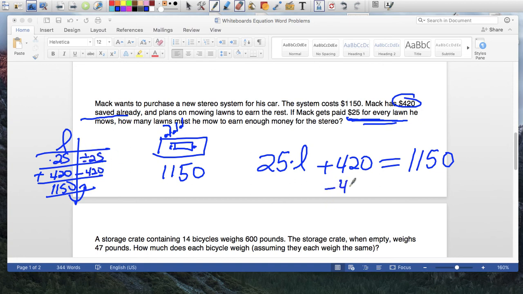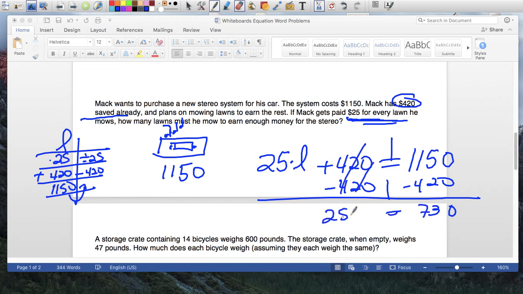So minus 420, minus 420, 0, and 1,150 minus 420 is 730. This goes 0, and that's 25L. And then we're going to divide by 25 and divide by 25.